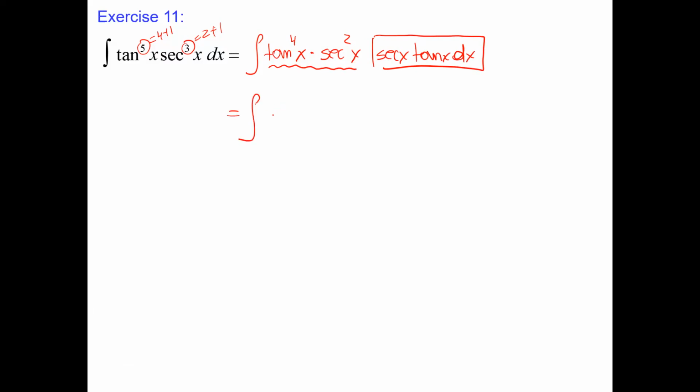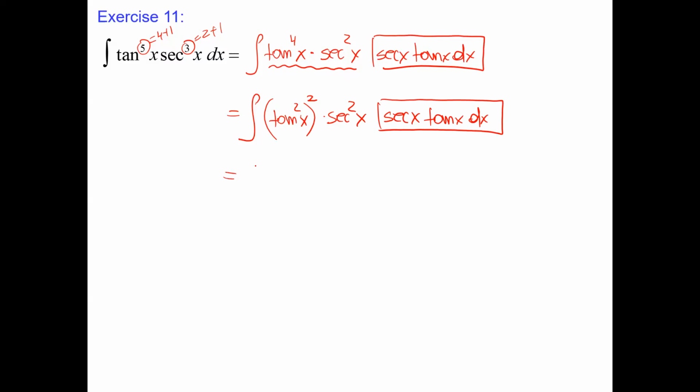Okay, in terms of secant, that means secant is fine. Tangent square, we always use the fundamental identity. Secant, and I can copy secant times tangent, because my plan is to have the u substitution secant.